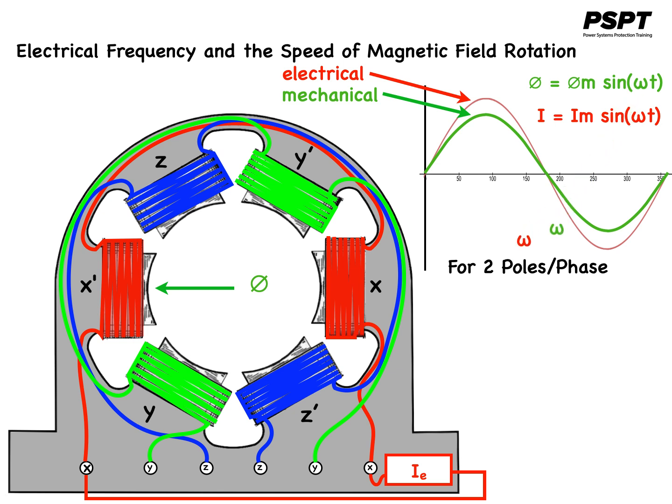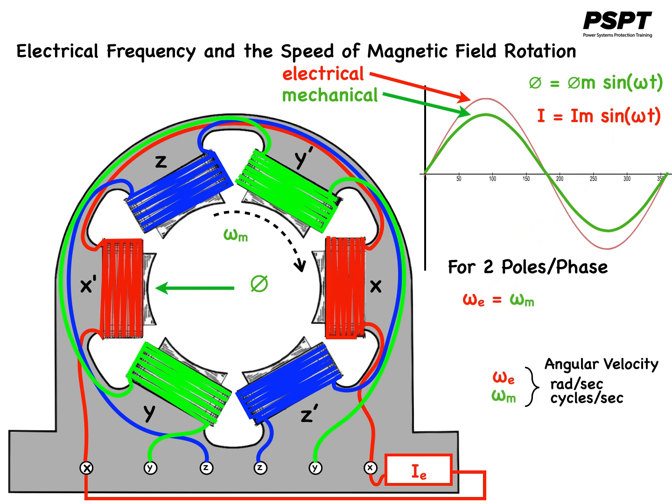So for a 2-pole per phase machine, we have seen that the electrical angular velocity is the same as the magnetic or mechanical angular velocity. Keep in mind here the fact that angular velocity can be measured in more than one way. It can be measured in radians per second or in cycles per second, for example.